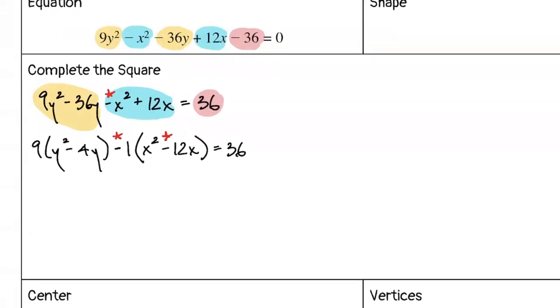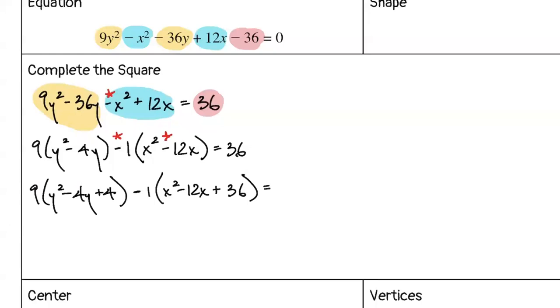All right, from here we complete the square. We've got 9y squared minus 4y plus 4 minus 1, y squared minus 12y plus 36 equals, now I got to balance everything. So I've got the original 36 here.